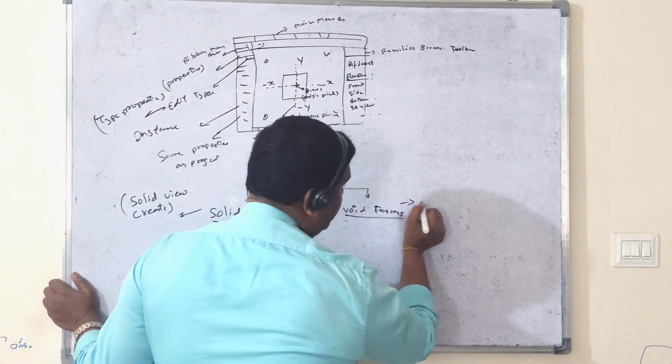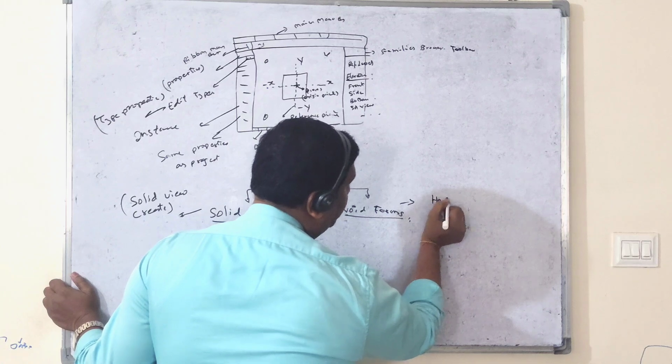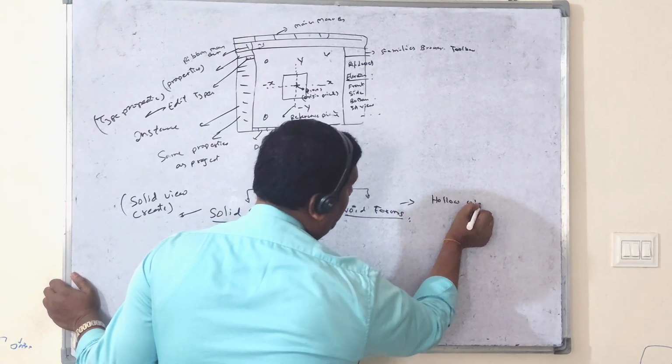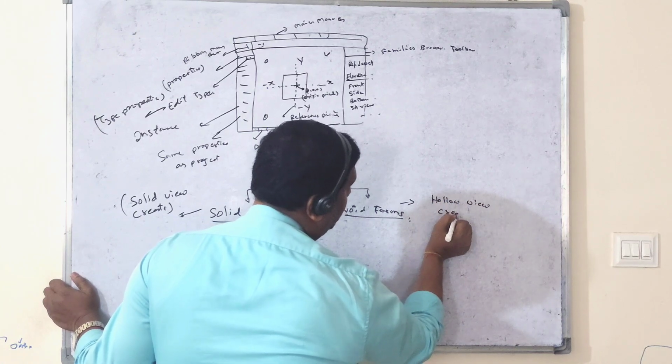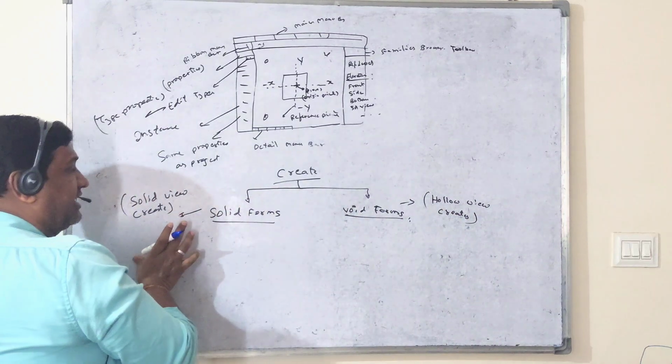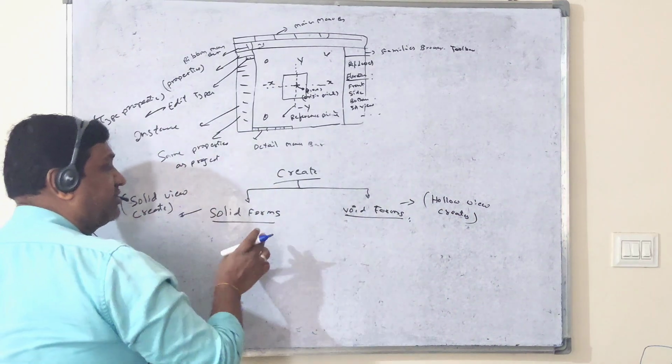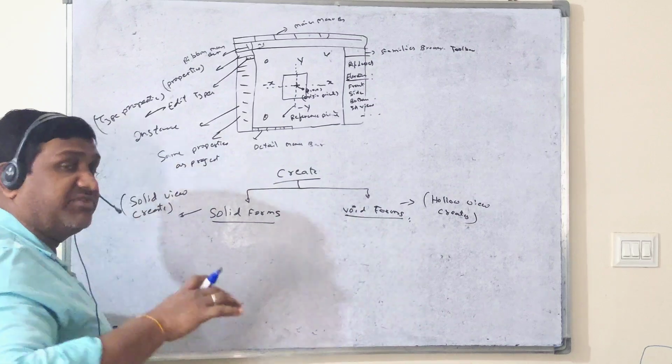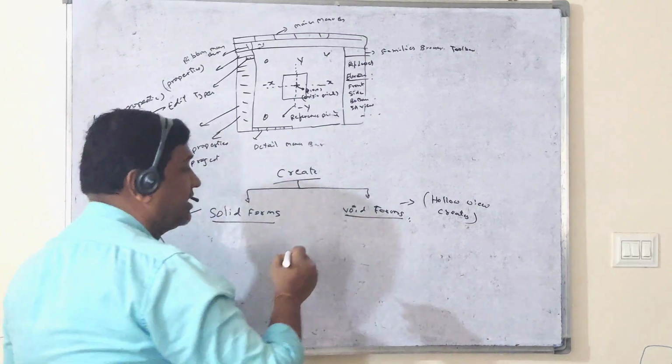White forms is going to create the hollow view, hollow view creation. Hollow view means whenever you are creating a solid object, this white forms is removing the material. Why hollow?